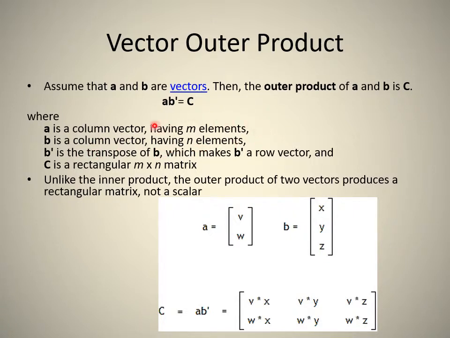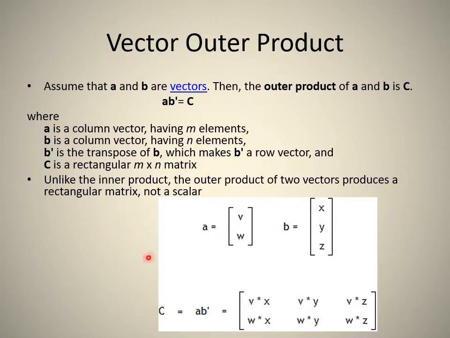You will notice now that the number of elements of A and B differs. So obviously B transpose is a transpose of B, which makes B then a row vector. So in our calculation there, B becomes a row vector, and now all of a sudden the outer product is a new matrix, m by n. So you can see it takes on the m, the rows of A, and n, the columns of B transpose, as a new matrix.